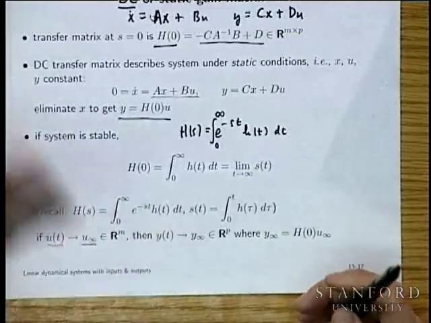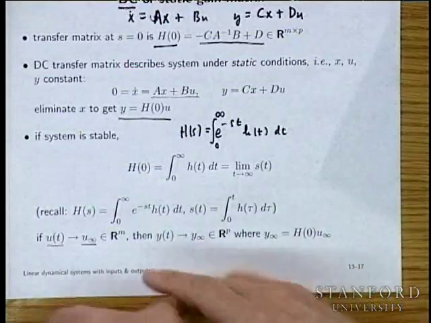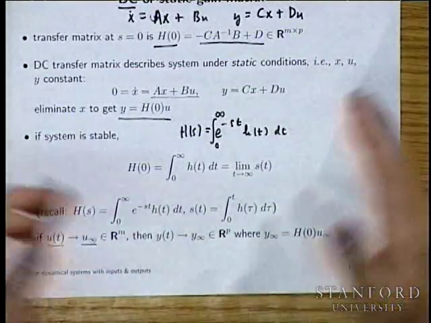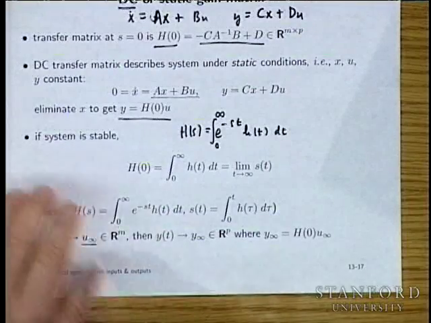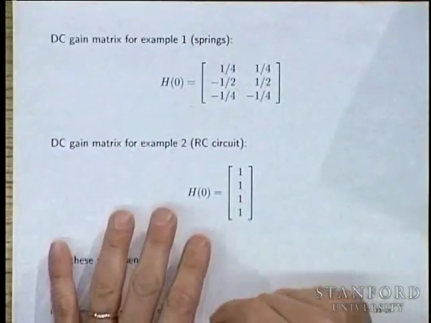It tells you roughly how the input affects the output when all the transients have settled out. We can work out some examples, and they should make perfect sense.